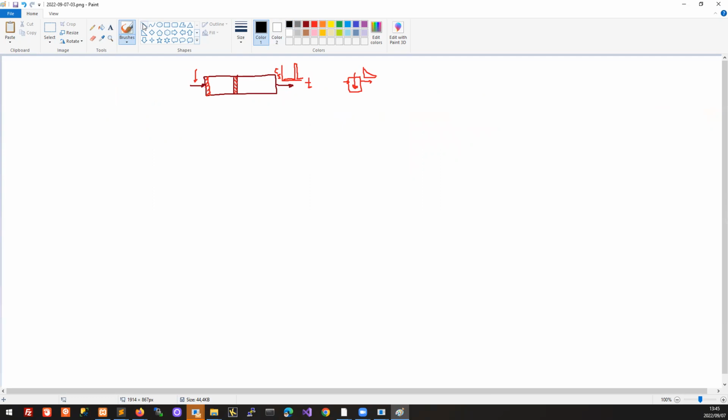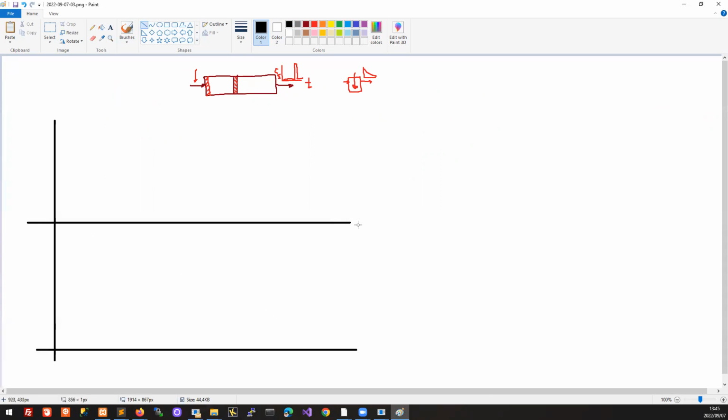So let's draw that again. So there's our E. And we said everything is going to stay together. Now, we can see in the plug flow case, it's not the case that everything is going to immediately be accessible at the exit.